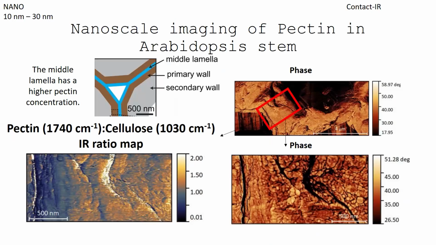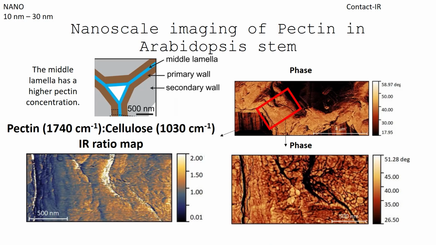So in this case, this is looking at a stem section. The goal was to see if we could map out the structure and orientation of cellulose at these different walls within the stem section, and also, as an acid test, can we show the distribution or higher concentration of pectin within the middle lamella.